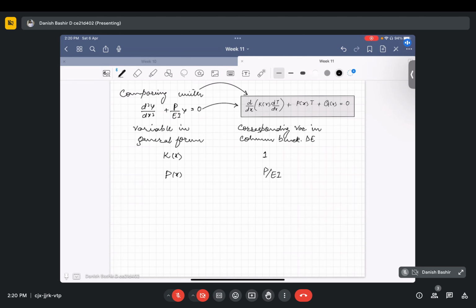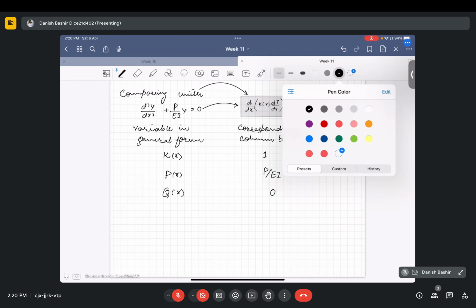And clearly here it is q of x, there is no other term further, so q of x is equal to 0. I hope you are following me. So we made this correspondence.